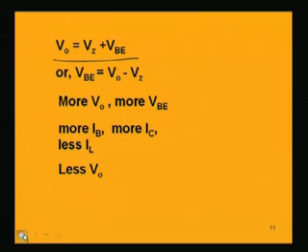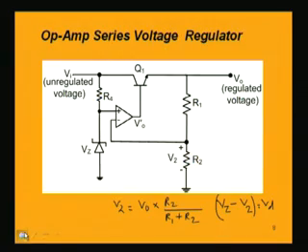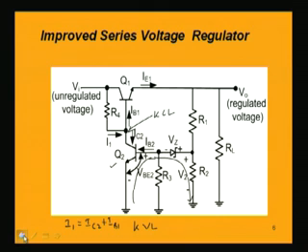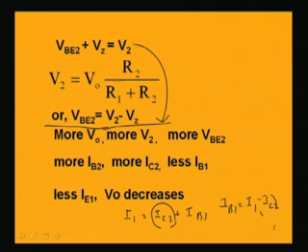Similarly, if we consider the improved series voltage regulator, here we have found out this V2 equal to V0 into R2 by R1 plus R2. So in this circuit, if you are asked to find out what is V0, then we can write down that V0 equal to R1 plus R2 by R2 into V2.